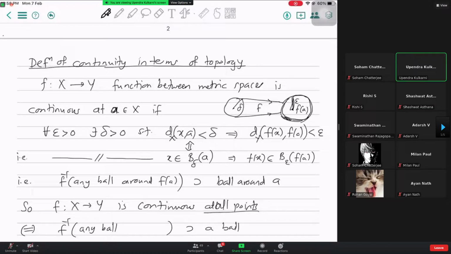Consider the map from real numbers to real numbers which is a constant map, f of x equals 0. Is it true that the inverse image of any ball contains a ball? Any ball.